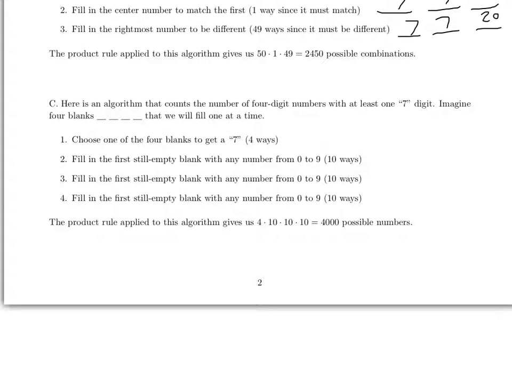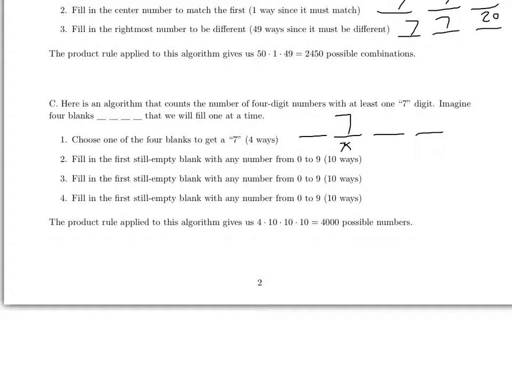In the last example, we're supposed to be counting 4-digit numbers with at least one 7 digit. And so we can say, let's choose one of the 4 blanks where we're going to put a 7. So maybe I'll make a little X there for the one I'm picking. So there's 4 choices for which one of those I pick, and I'll put a 7 in there.